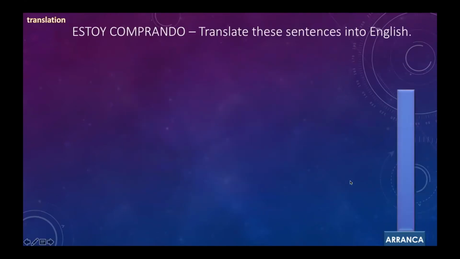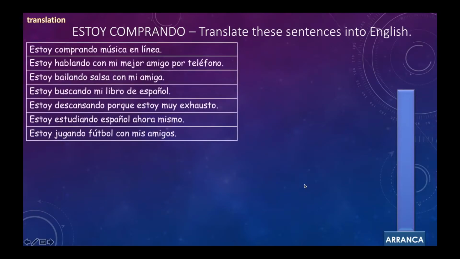Now we have these sentences in Spanish that we need to translate into English. So as you can see, they're longer, but they are basically saying the same as the sentences that we had earlier.